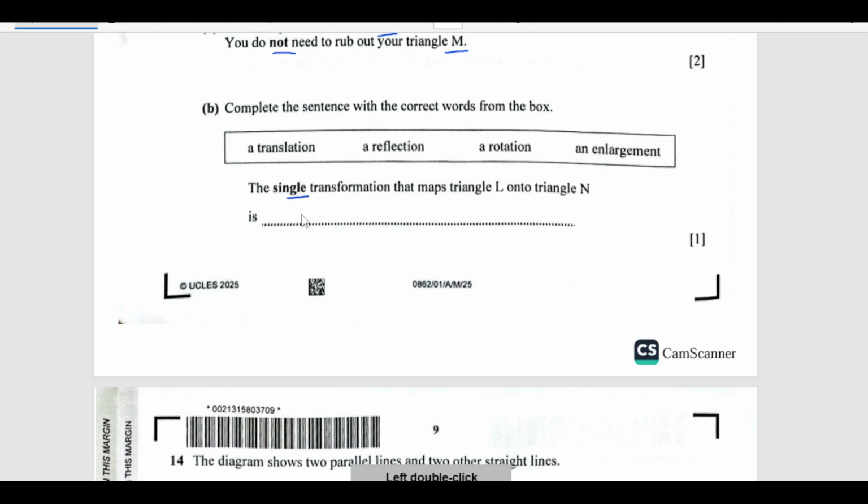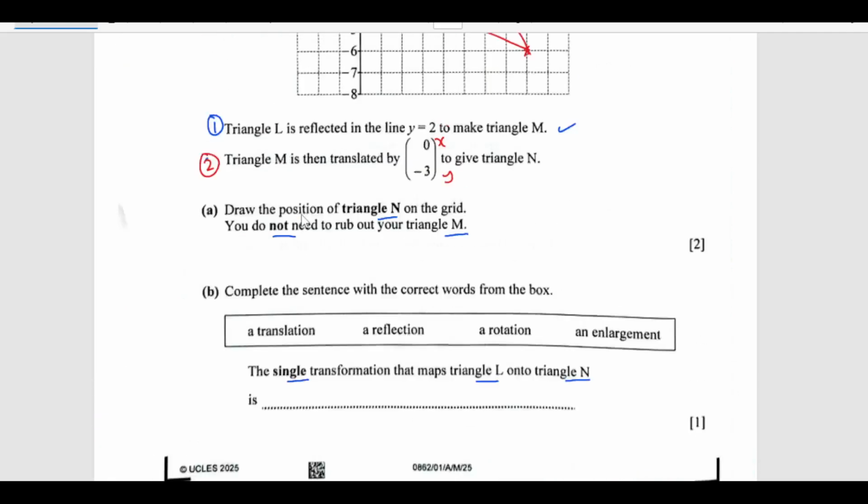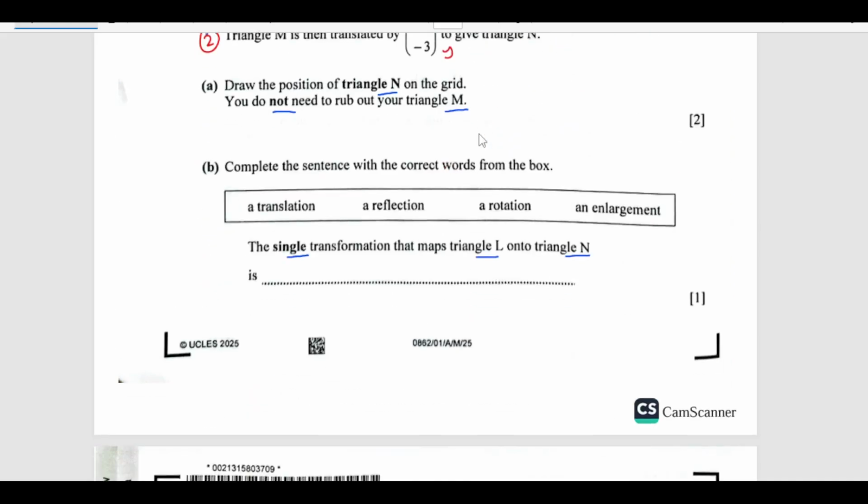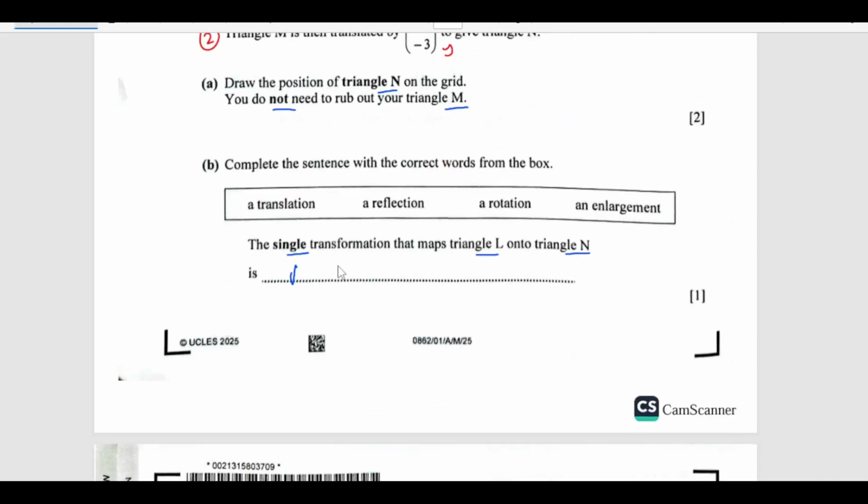The single transformation that maps triangle L onto N. If you see the vertices, this side is going upward and now it is downward. So, this is a reflection, because it is written a reflection.